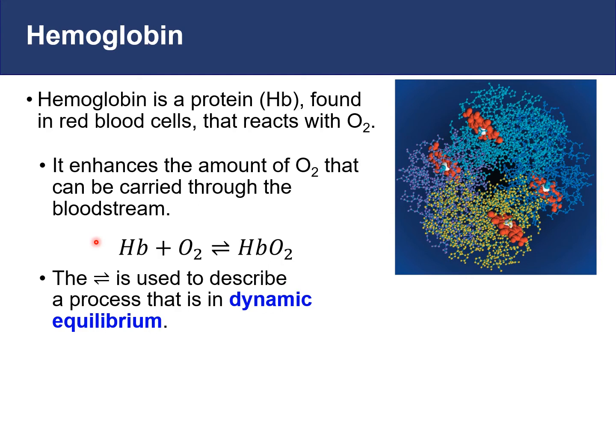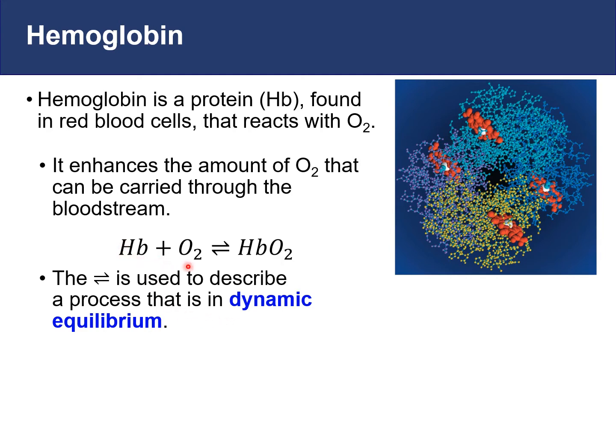The double-headed arrow that looks like this we will be using throughout this section of videos and for the remainder of the semester, and it's used to describe a process that is in dynamic equilibrium. What we mean by that is that the system will reach an equilibrium between the forward and the reverse reactions. The components will still be interchanging between the reactants and the products, but the concentrations will not be changing.